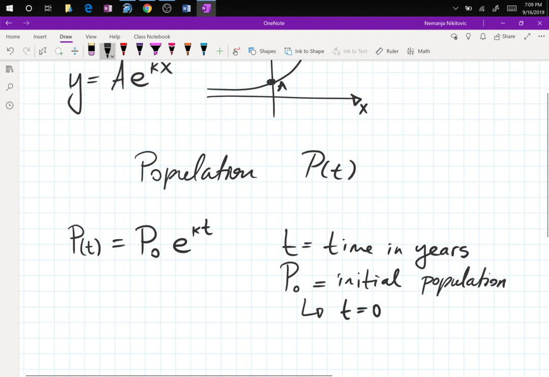So now we can use this model to go on and go to the website called Population Clock. It is a .gov, census.gov website, which is the government website, which shows the way the population ticks. Now you have the US on the left, you have the world population on the right.